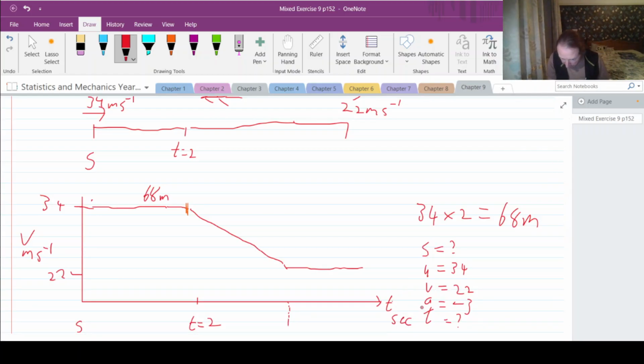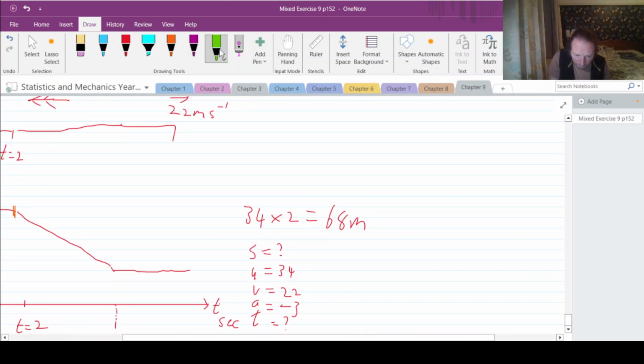So we are looking at v squared equals u squared plus 2as. Putting it in, 22 squared equals 34 squared plus 2 times minus 3s.